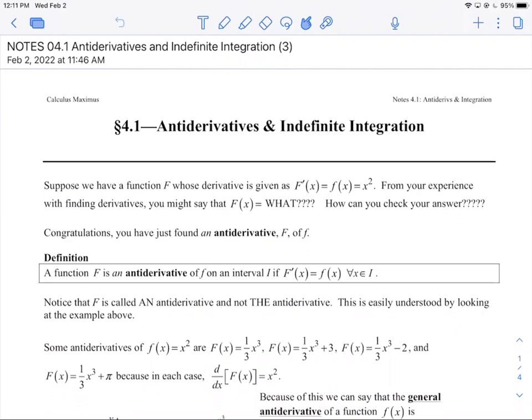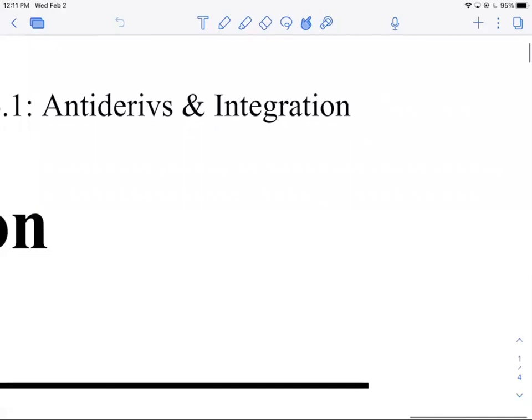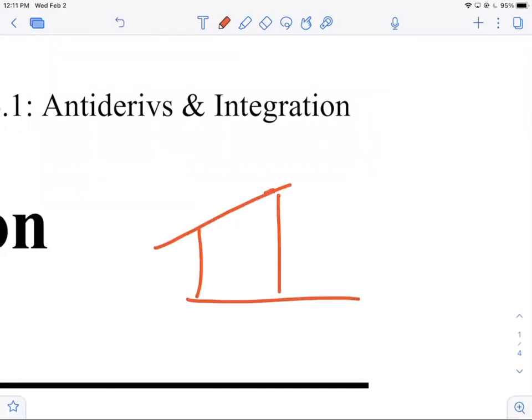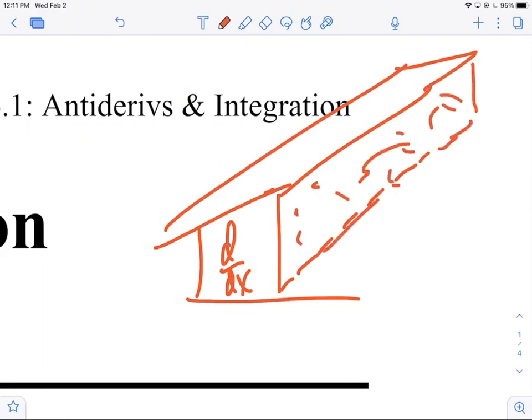Okay. We're starting the second half of the House of Calculus. Here's the derivative with respect to x, and we've already pretty much built this one. There are still some rooms that need some painting and touch-ups, and we'll come back.